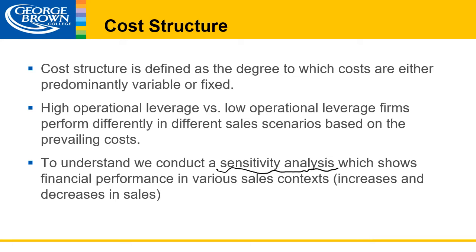So, a 10% increase in sales, a 10% decrease in sales, and you analyze the results. It's how sensitive your profit is in different scenarios. In the next slide we're going to look at a sensitivity analysis to show which business we just gave examples of, A or B, performs better and performs worse.